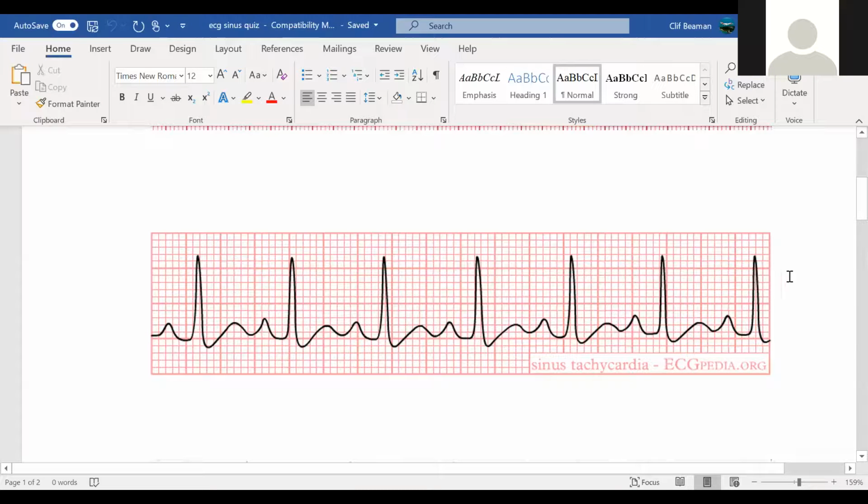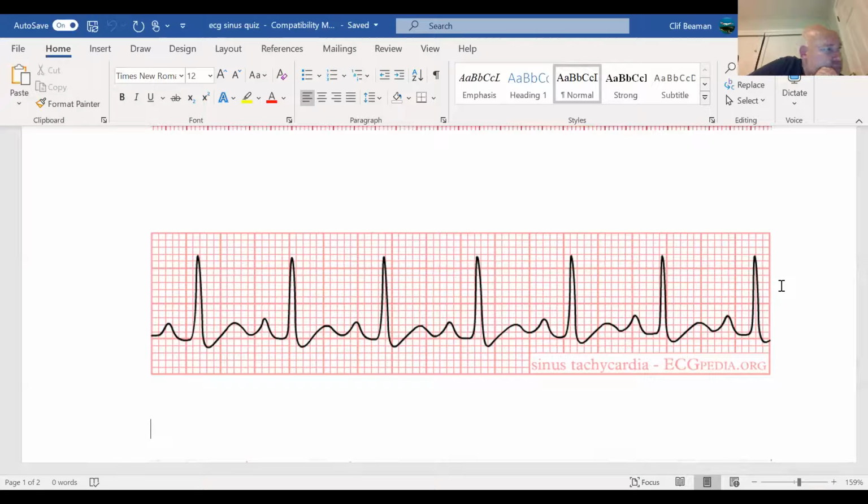1, 2, 3, 4, 5, 6, 7. Okay. And what did I say the QRS complex means? What's the heart doing? Refilling, contract. What's contracting? The ventricle.